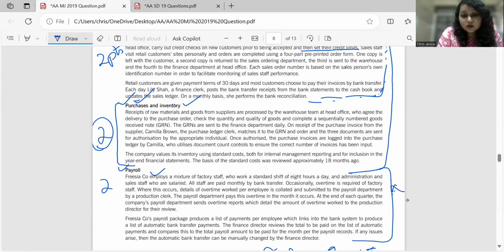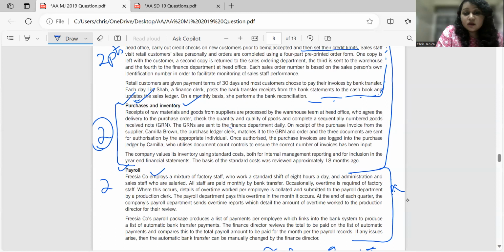Now, GRNs are sent to the finance department daily. On the receipt of the purchase invoice from the supplier, Camilla Brown, the purchase ledger clerk, matches it to the GRN and order, and the 3 documents are sent for authorization by the appropriate individual.